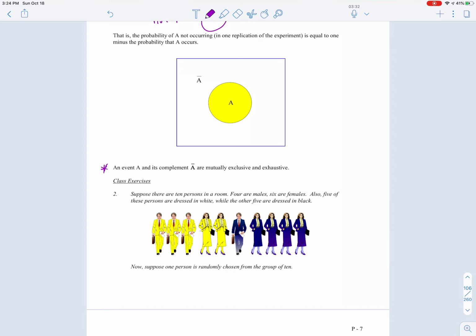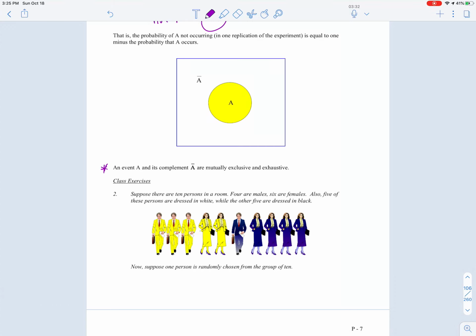Mutually exclusive means that if it's A, then it's not A. That makes sense, right? So, for instance, if you've divided people into people wearing glasses and those not wearing glasses, then if you're wearing glasses, the complement of that is not wearing glasses. And so you're in one or the other. You can't be in both at this particular moment when we're doing the experiment.